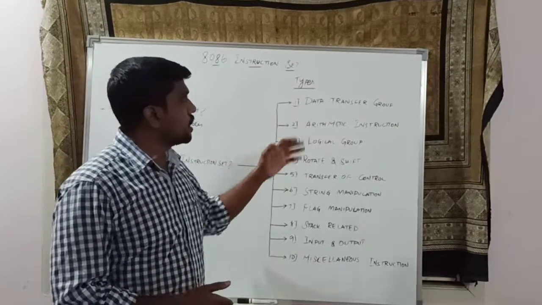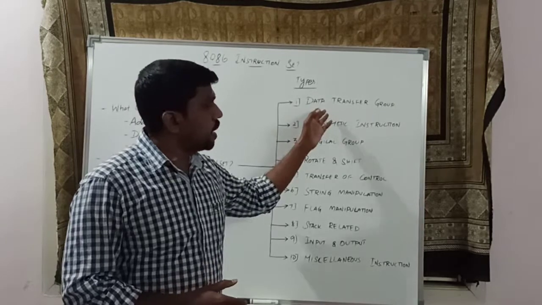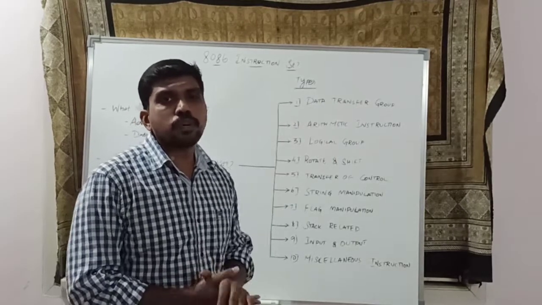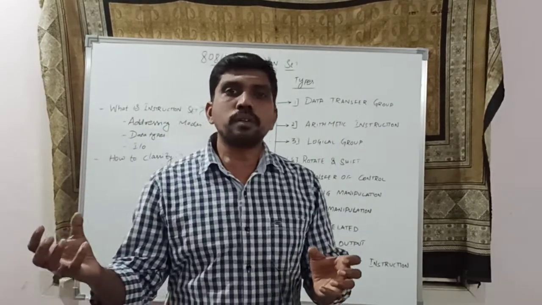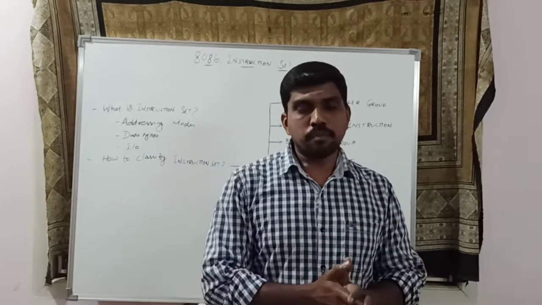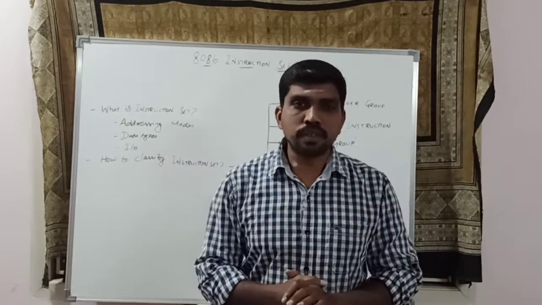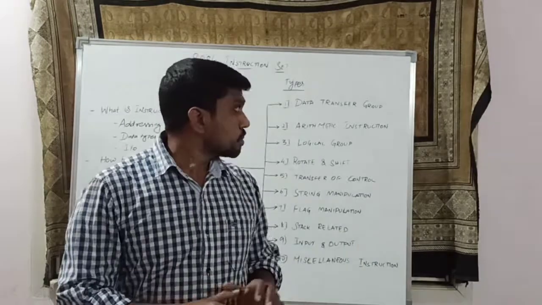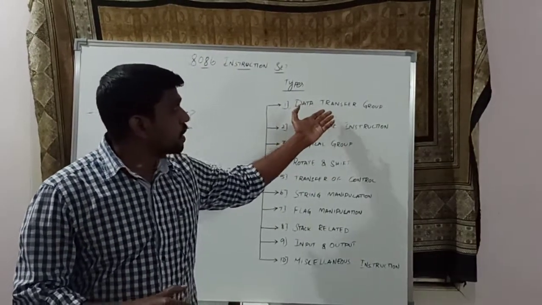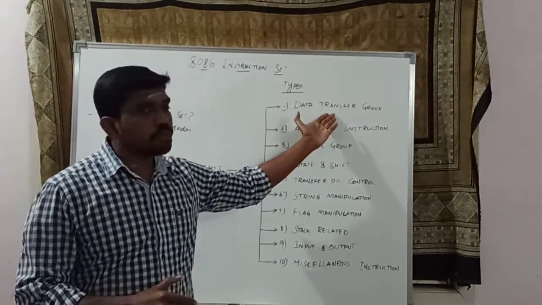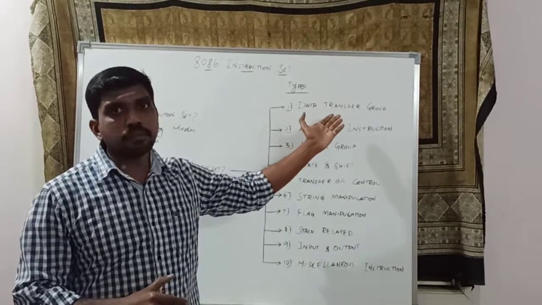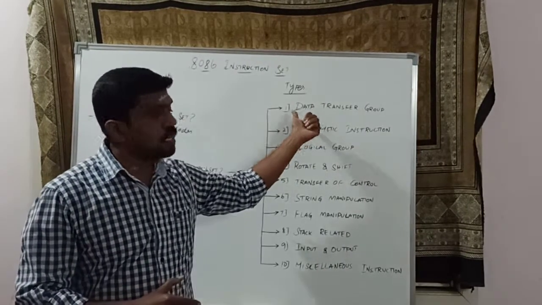The first is the data transfer group. In the name itself, it says transfer. So what is the meaning of transfer? Just movement of data from one place to another place. Okay. So that is the general definition of transfer. Here the information being transferred between the two media is called data.